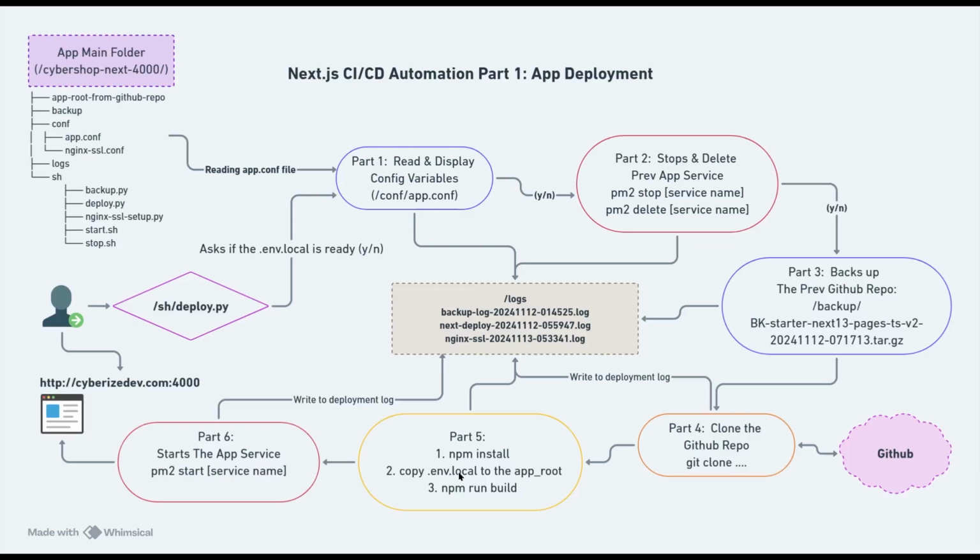This time we just move it to our app root right here. Once that is done, we can safely run npm run build and prepare our production build, right? Once that is done, the only thing left is starting up the server. And this is how we start the server: pm2 start service name.